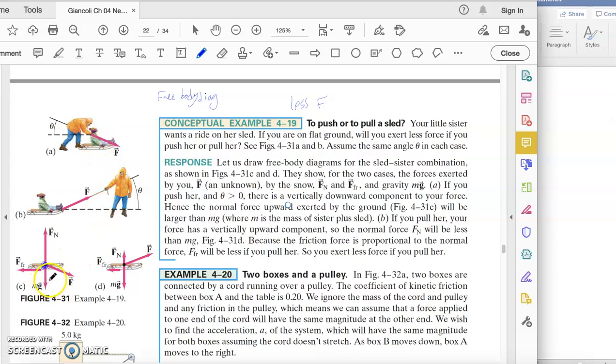This is the pushing situation, this is the pulling situation. In both situations, mg will not change because it is constant. It depends only on the mass of the object. So mg is the same. The direction is downward, and the size of the vector is the same in both situations.